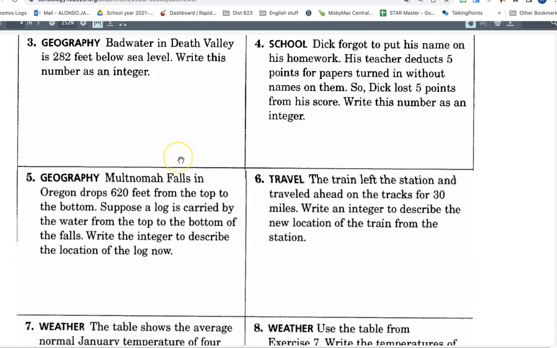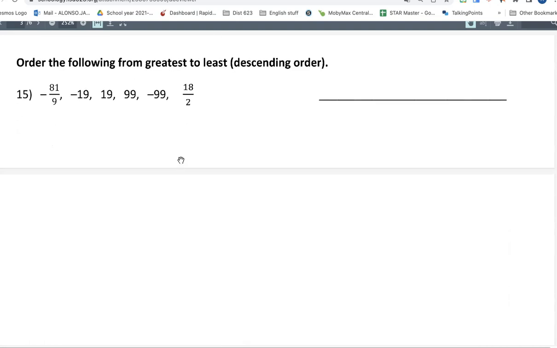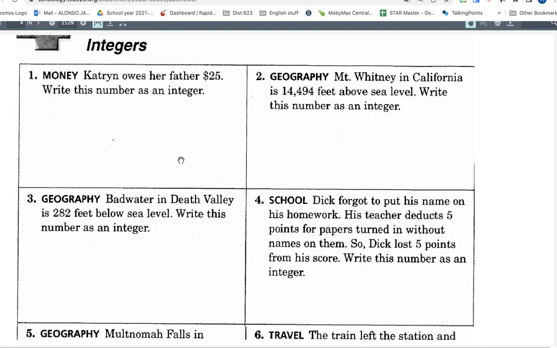Okay, so let's talk about the word problems here. We have here money. Catherine owes her father $25. Write this number as an integer.